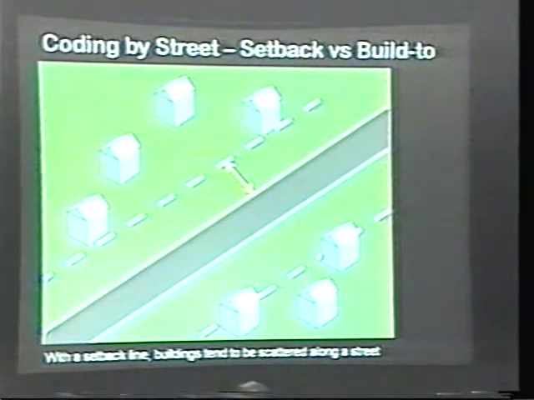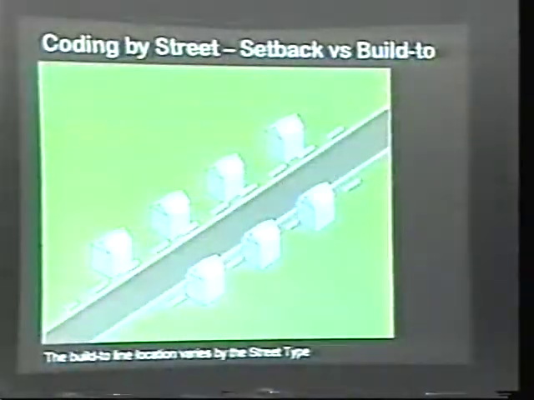Now, once you do that, then you adopt a set of rules like setbacks versus build-to lines. Instead of the old setback, which says here's the line and you can be behind it wherever you want, the code could be more specific and say, put the front of the building here and orient it so that front door faces the street. And instead of being random in the end result, you can actually design coherent urban space.